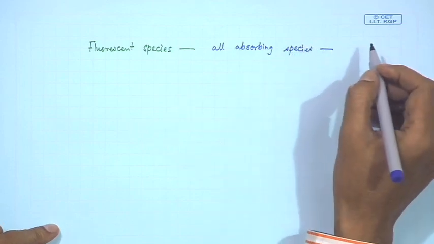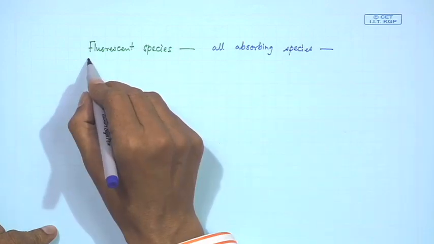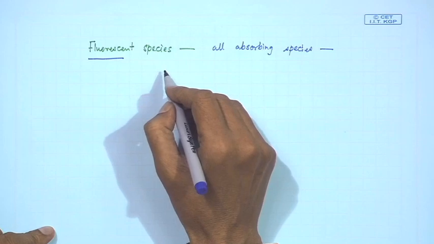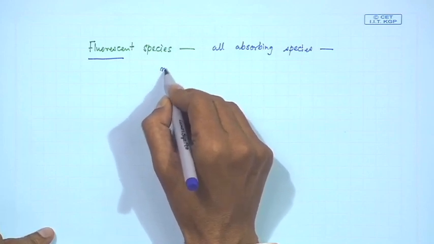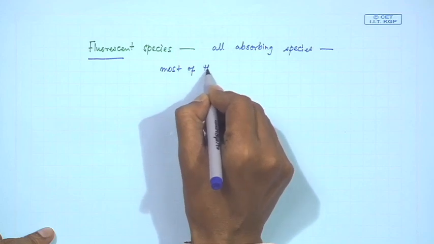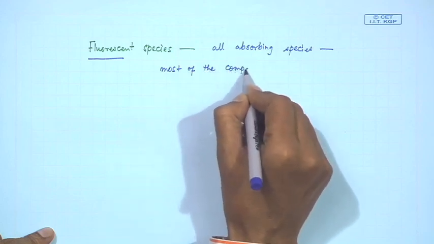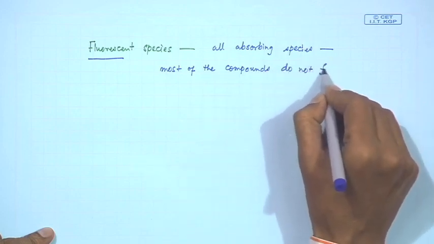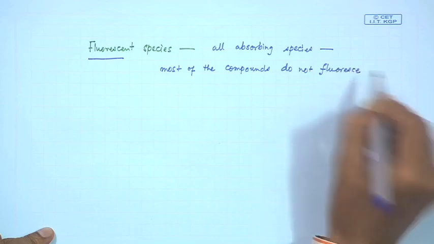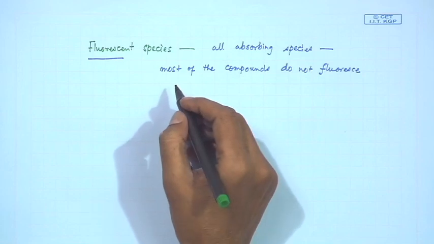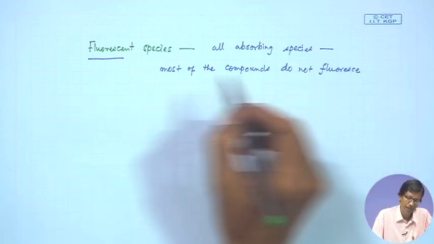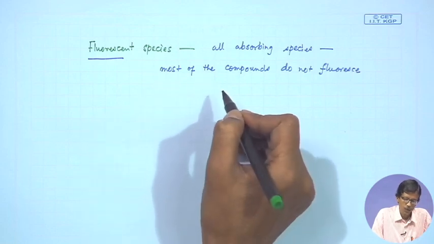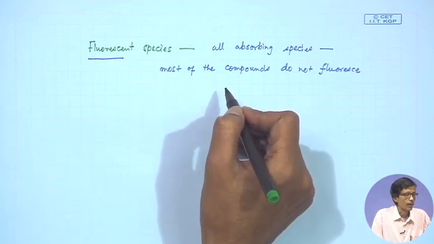All absorbing species have the potential to fluoresce, but most compounds do not fluoresce. So, this technique is not applicable to all compounds. We measure this fluorescence, which is characteristic for your excitation as well as the corresponding emission pattern.